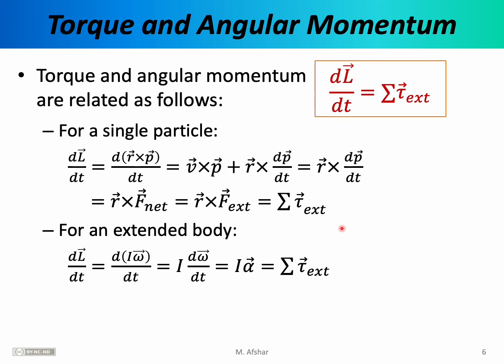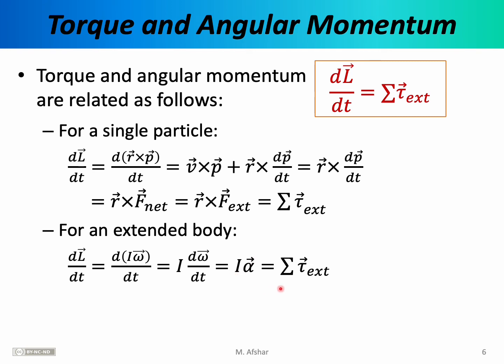We can also prove this result for an extended body. Remember that the angular momentum of an extended body is I omega. I, like the mass of the body, is constant, so you can bring it out of the derivative. You're now left with the derivative of omega, and remember the derivative of angular velocity is simply angular acceleration. And then we remember the connection between torque and angular acceleration.